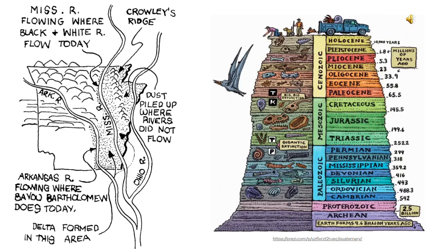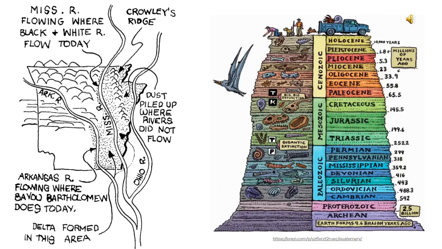The drawing on the left shows just about where 3 rivers ran during the Quaternary period, which began with the Ice Age about 1.8 million years ago. If you're looking at the map or the diagram on the right, that would start in the Cenozoic era during the Pleistocene period of about 1.8 million years ago.